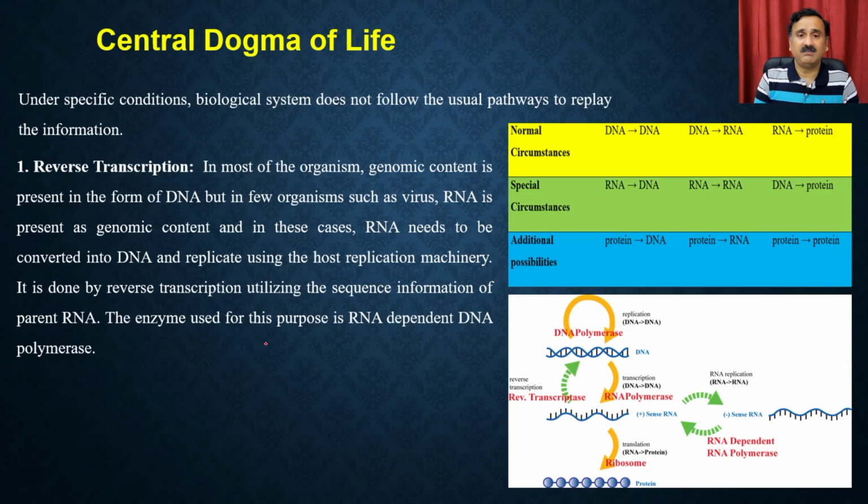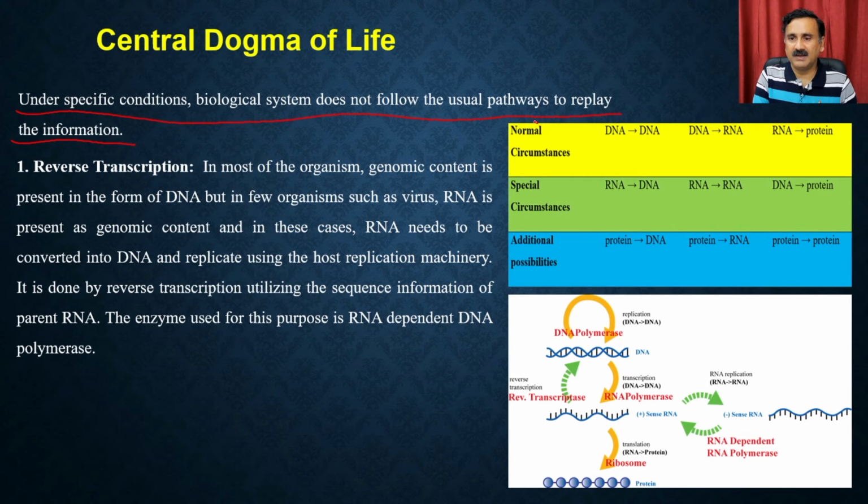But as I said, although Francis Crick has said that these processes cannot be reversed, and that the sequence of information can only go from DNA to RNA and then RNA to protein, under specific conditions the biological system does not follow the usual pathway to relay the information, which means it also can have the reverse direction, right?